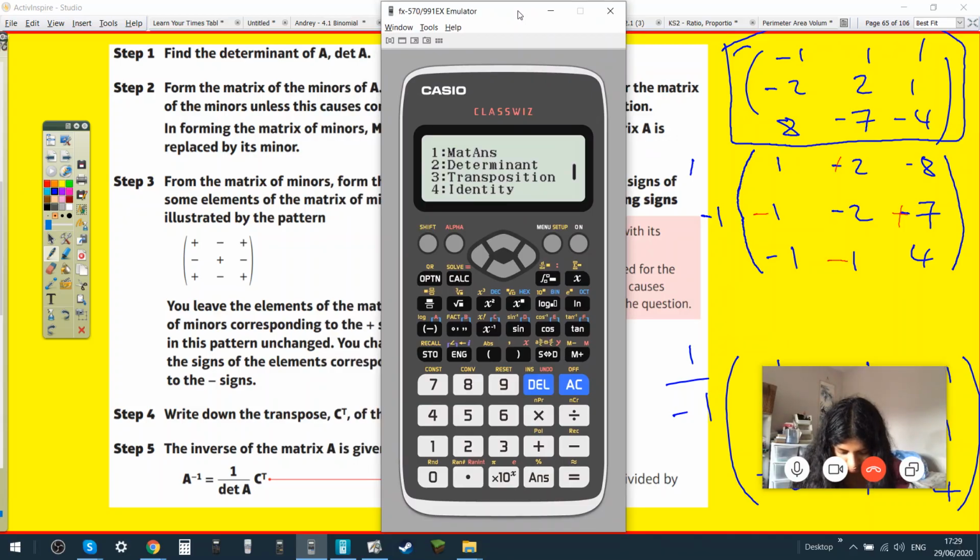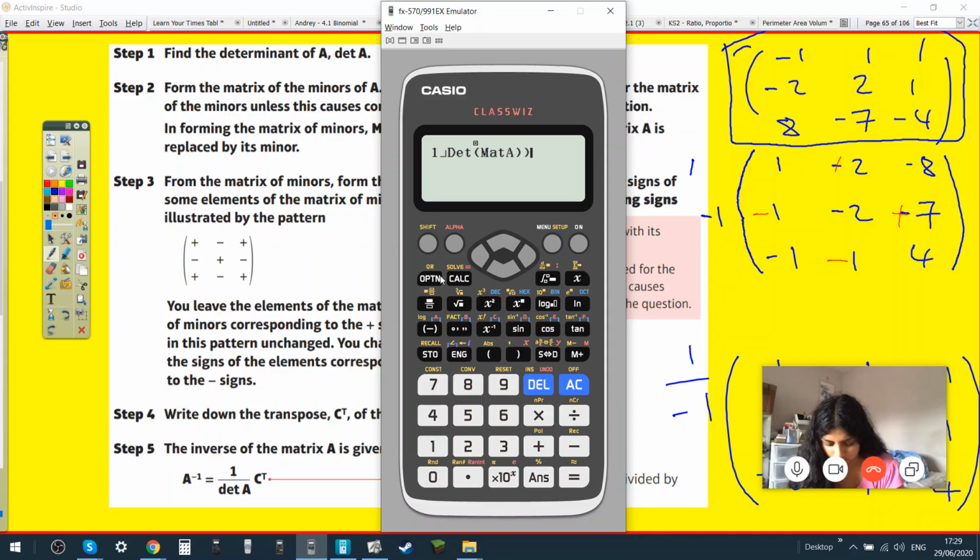Okay, so we can do 1 over the determinant. So I'm going to do 1 fraction and then option, press down, determinant of option matrix A. And then do that.